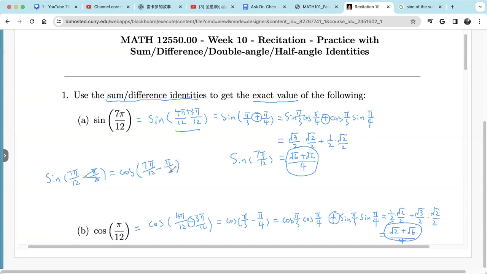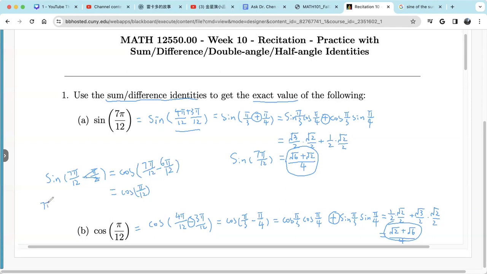Okay. What's pi over 2? Pi over 2 is 6 pi over 12. So that's cosine pi over 12. Okay. So those two functions are co-functions. Sine 7 pi over 12 equals cosine pi over 12. Why?